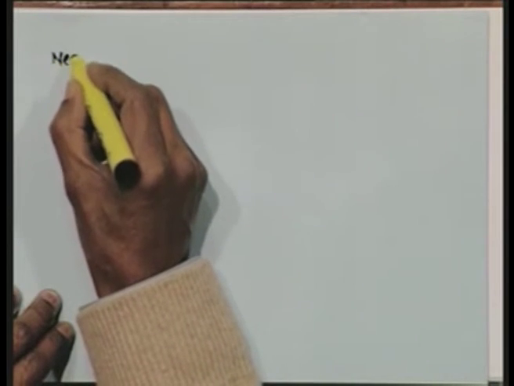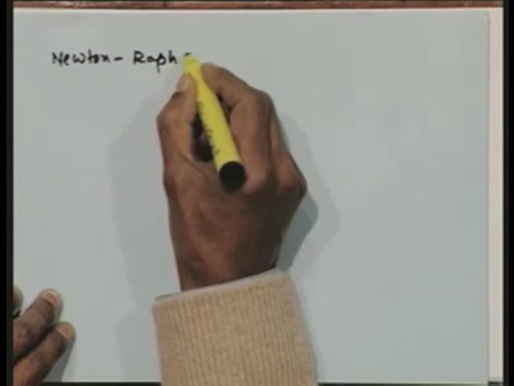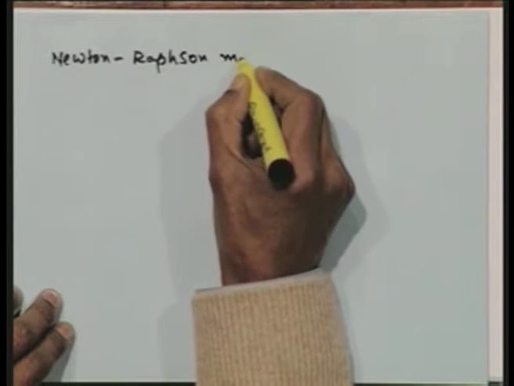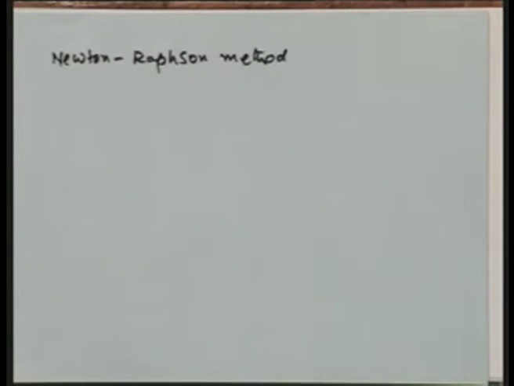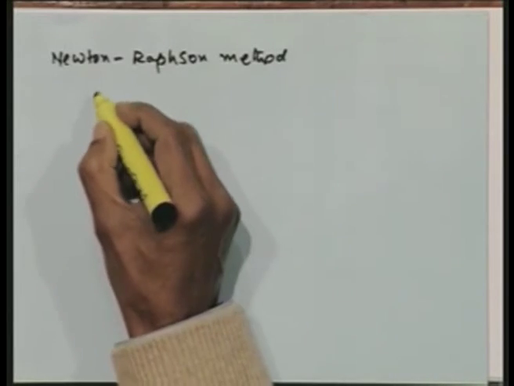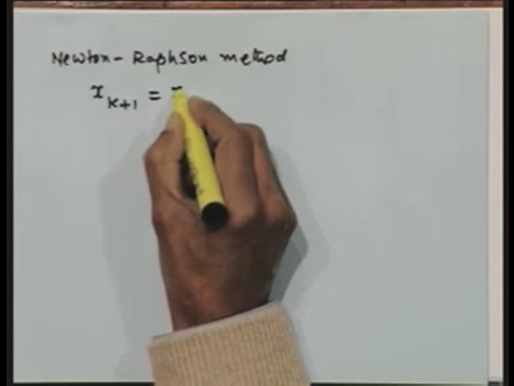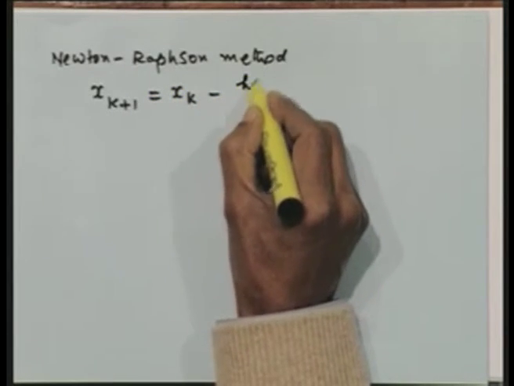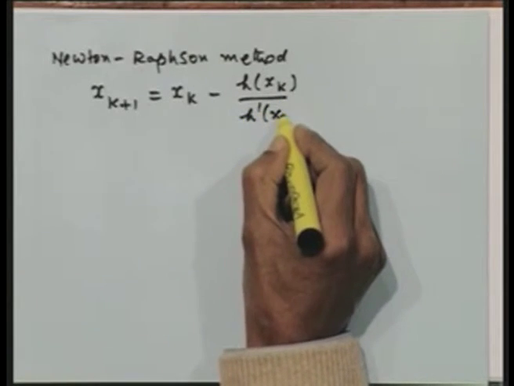Let us try to get first the Newton-Raphson method, the application of it to finding the multiple root. Now, what we are saying is that we are applying the Newton-Raphson method on h(x). Therefore, the iterative method would be x_{k+1} = x_k - h(x_k) divided by h'(x_k).